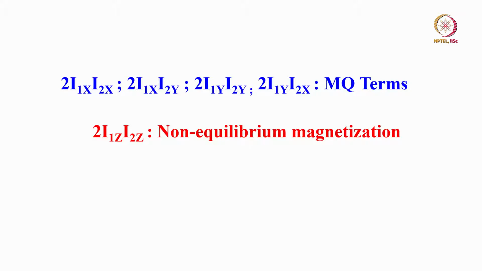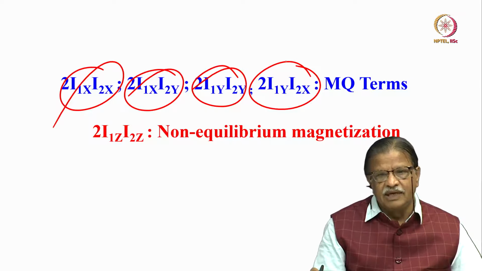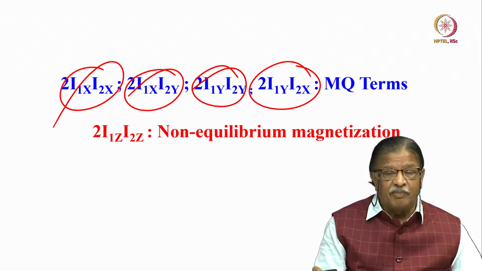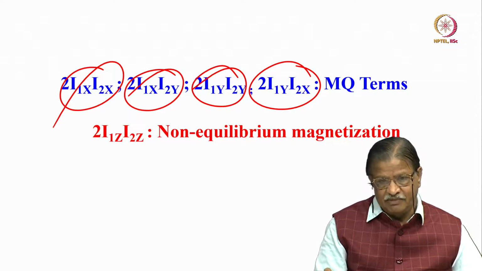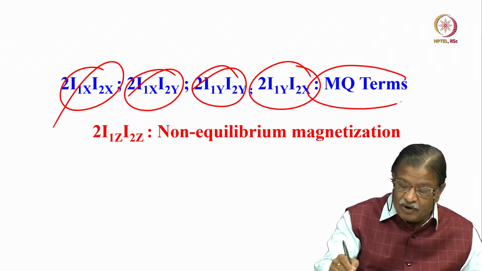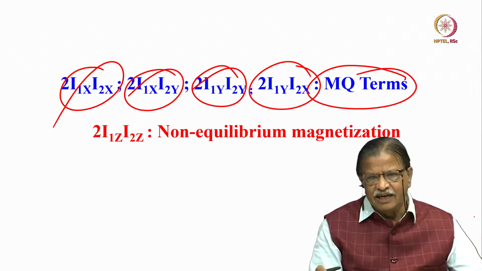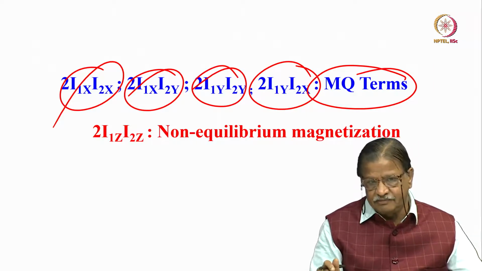Now, there are also combinations of other operators like this: I1x into I2x, I1x into I2y, I1y into I2y, I1y into I2x. Here, both the x and y operators of both the spins are present in the xy plane. These products are called multiple quantum terms. Since there are 2 spin operators, we are considering it is a double quantum term.